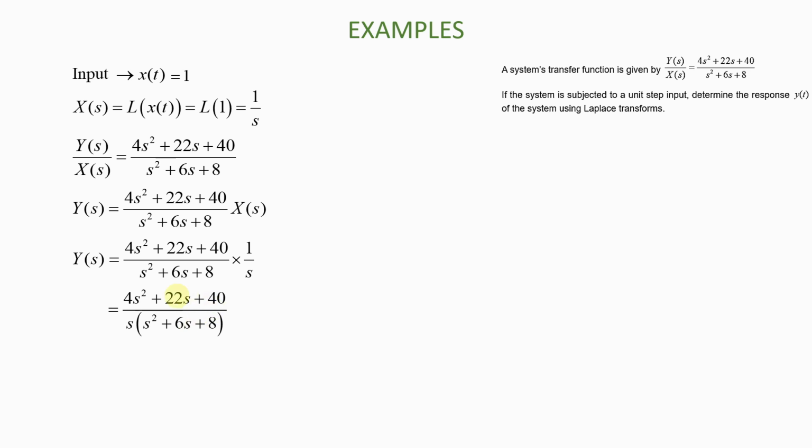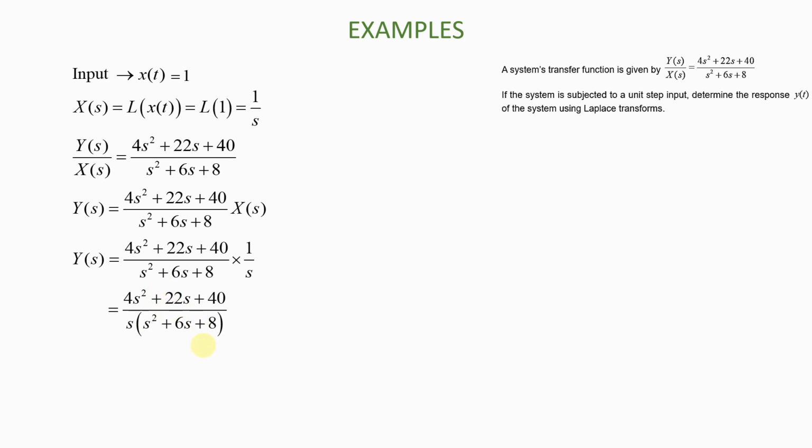The idea is to try and simplify this expression in such a way that we can read the table and find things that look very similar to what we have, okay? And so we're not trying to make it more complicated, but we're trying to simplify it.